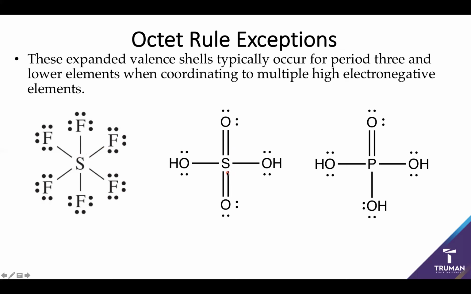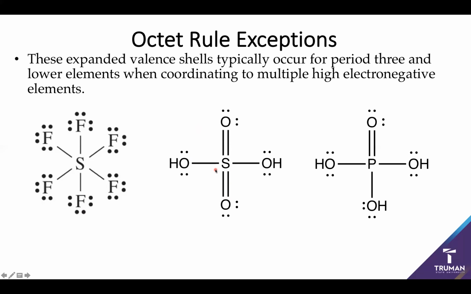So even in this case, if we count around sulfur, it's got 6 bonds, which should be 12 electrons. But those electrons aren't going to be spending most of their time around sulfur. They're going to spend a fair bit of that time around oxygen, making it a little bit easier for sulfur to violate the octet rule.